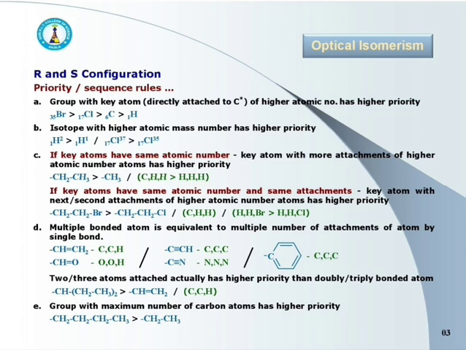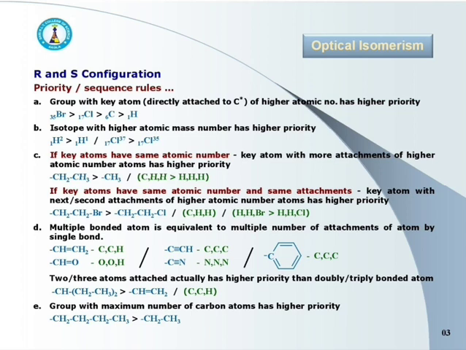Ethyl group has higher priority than methyl group because in ethyl group, key atom, that is carbon, has attachments C, H, H with atomic numbers 12, 1, 1. Whereas in methyl group, key atom, that is carbon, has attachments H, H, H with atomic number 1, 1, 1.